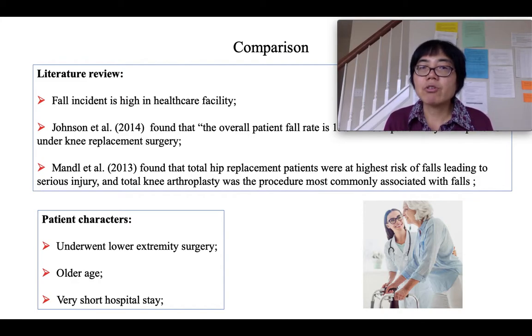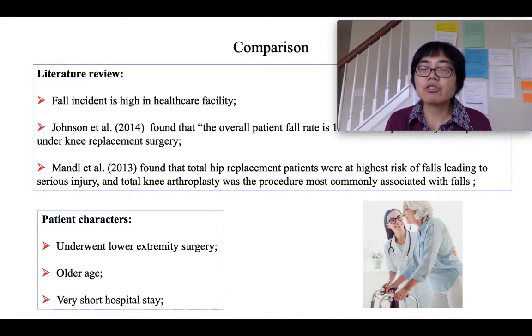The literature showed that fall incidence is high in healthcare facilities. For special groups of patients, like lower extremity surgery patients, the literature showed that the overall patient fall rate is around 15 in 1,000 patient days in patients who undergo knee replacement surgery.